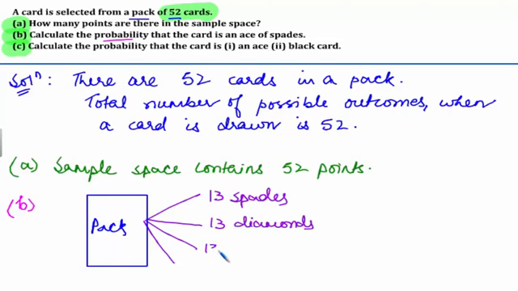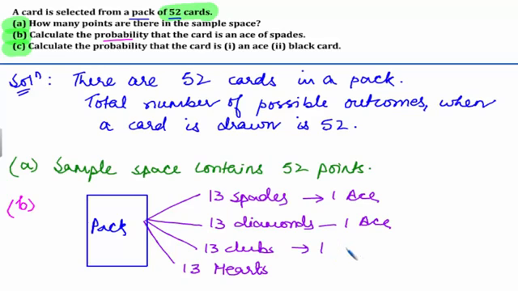There are 13 club cards. And there are 13 heart cards. And each type of card has one ace in it.